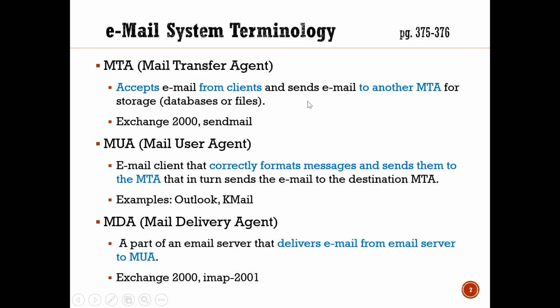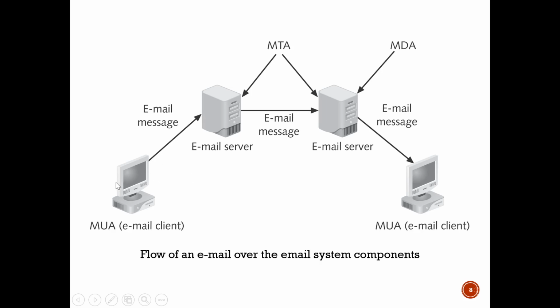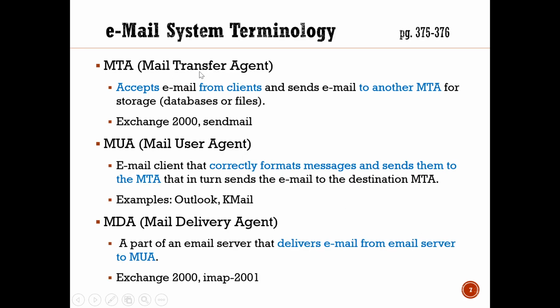To make this communication, we have to configure three different agents, each configured in different places. The sender and receiver most likely have a similar agent called a mail transfer agent, or MTA in some cases.